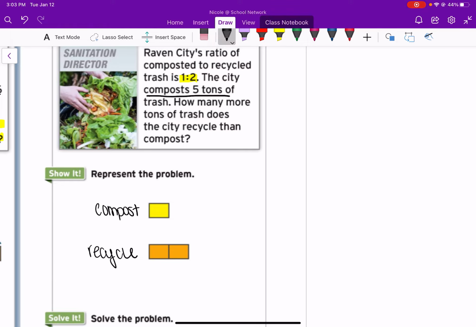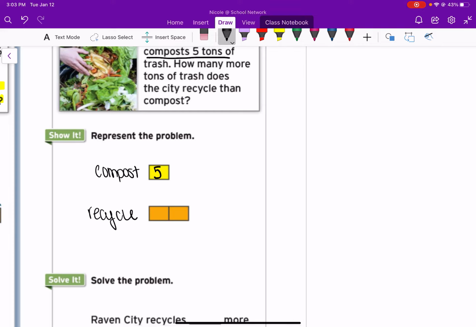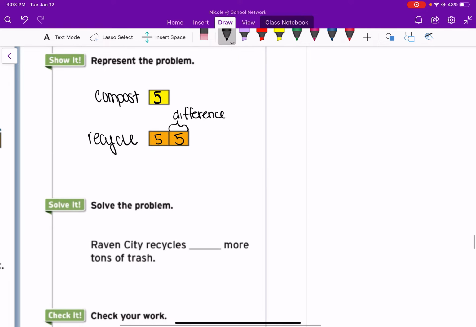So the compost is equal to 5 tons. So how many more? Again, what's the difference between the top and the bottom? It's just this one. And each is worth 5. So the difference is just 5, right? So Raven City recycles 5 more tons of trash.